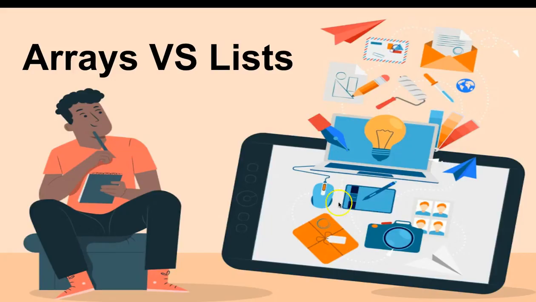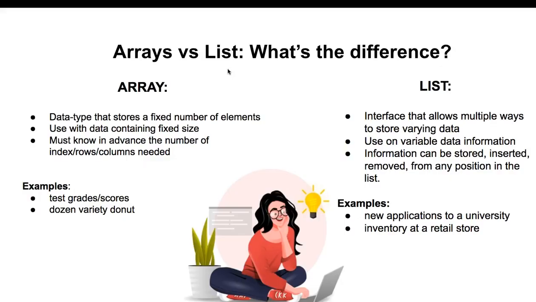To start off, we're already familiar with arrays, and now we're going to be talking about lists, which is a newer concept. Arrays, we already know, are a data type that stores a fixed number of elements. We need to know in advance the number of indexes, elements, or rows that we're going to need, and it's always contained within a fixed size.